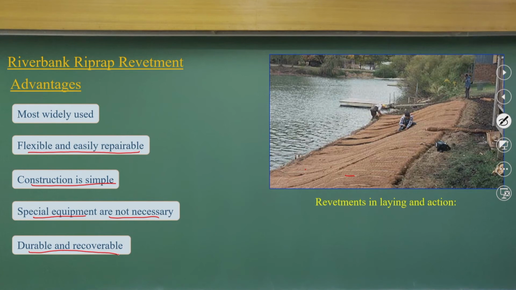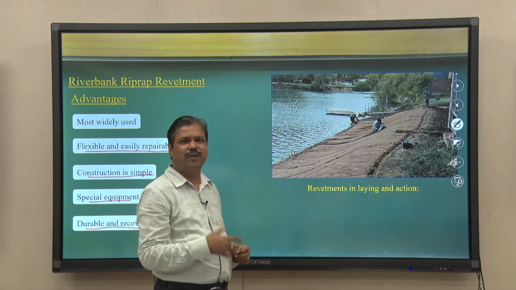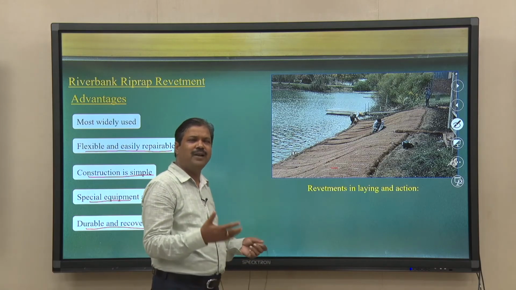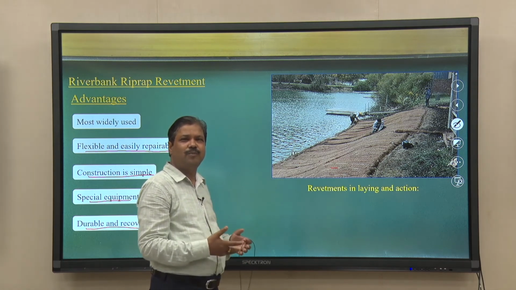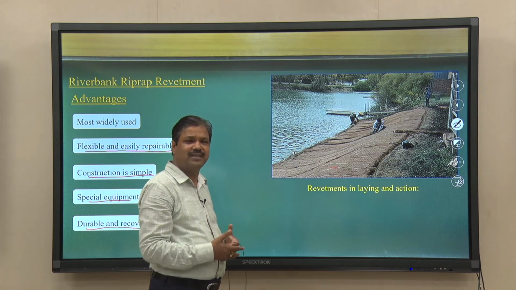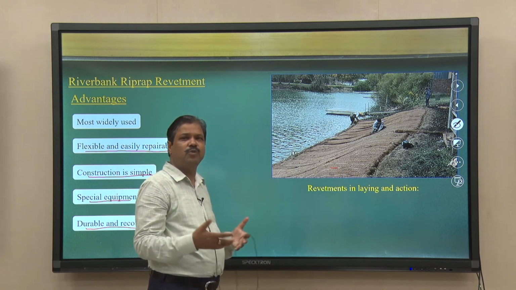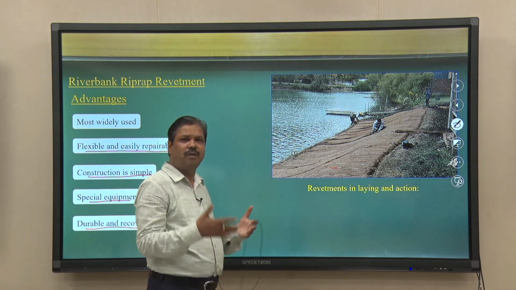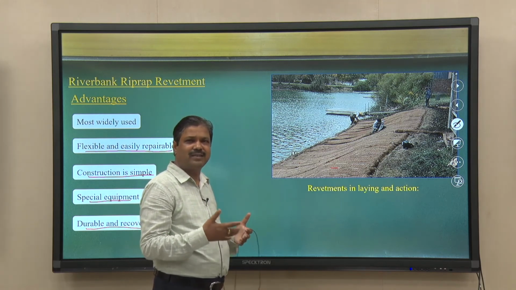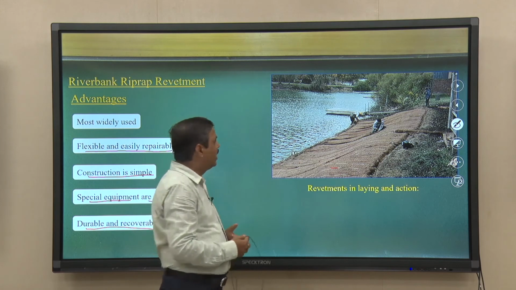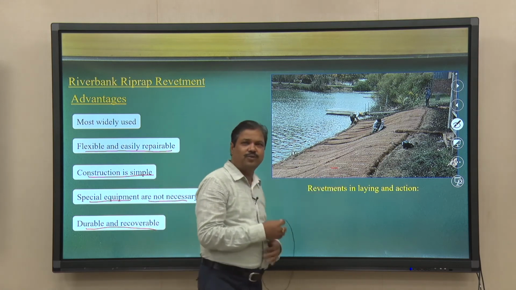In any civil engineering concept, we should have locally available materials and simple construction, not so expensive, because we work in very remote, non-accessible places where the river bank erosion is happening. That is the basic idea of how we should look at river bank protections.